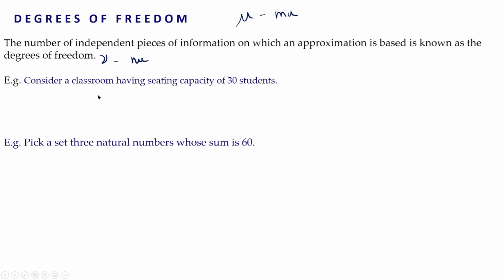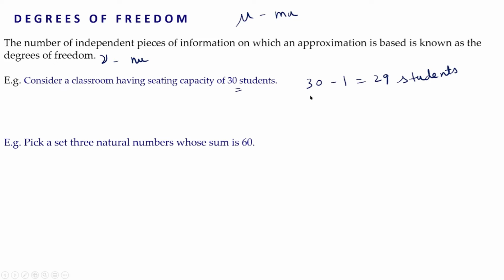Consider a classroom having a seating capacity of 30 students. If the number of students is also 30, it means we have 30 minus 1 equal to 29 students who have an option to choose the seat where they can sit.